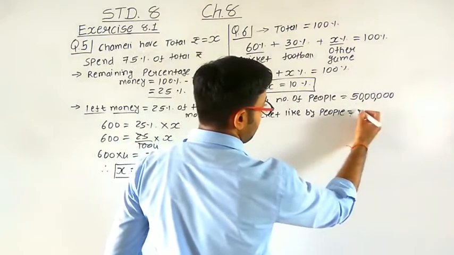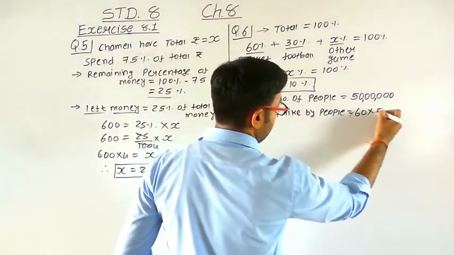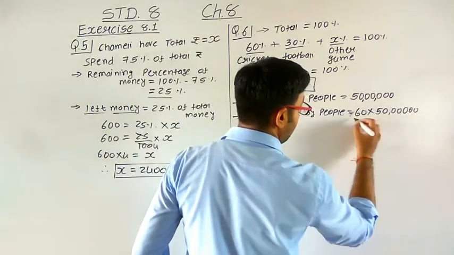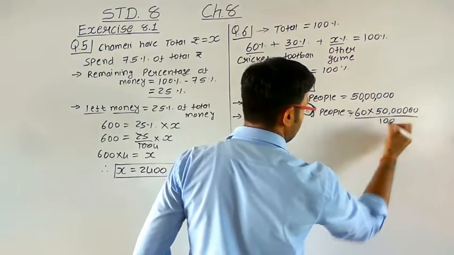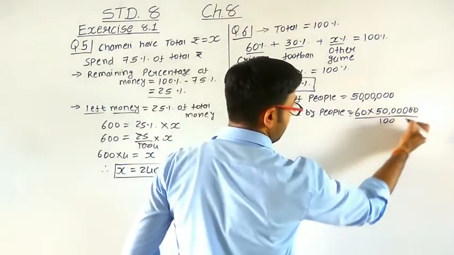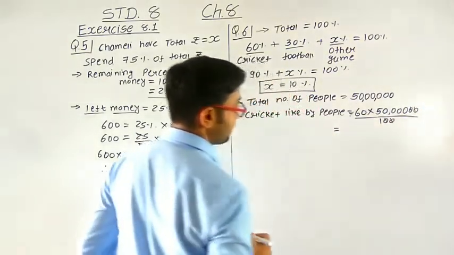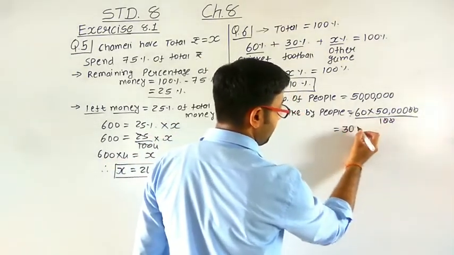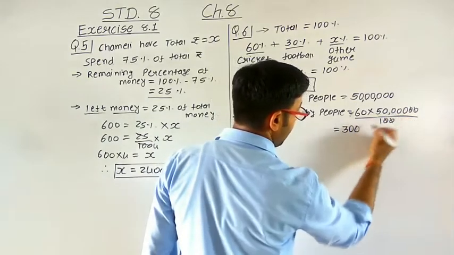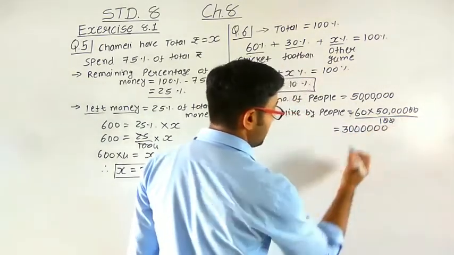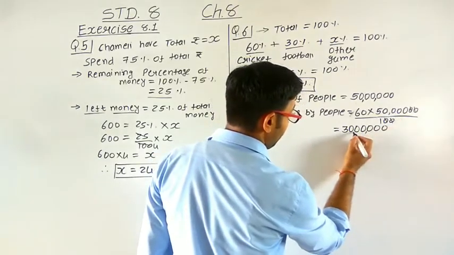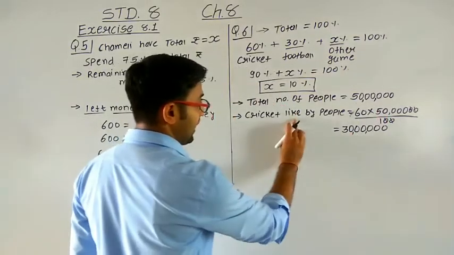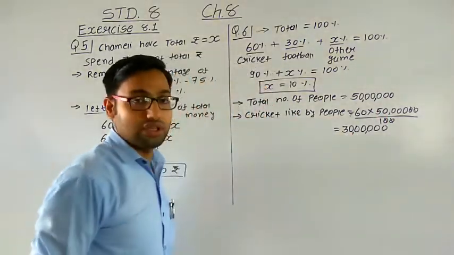That means we multiply 60 with this 50 lakh and divide it by 100. So two zeros we can cut here. What answer do we get? 6 fives are 30. How many zeros are there? 1, 2, 3, 4, 5. That is, out of 50 lakh, 30 lakh people like cricket. So cricket is liked by 30 lakh people.